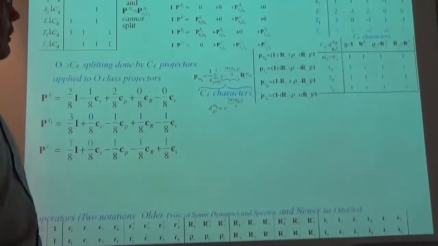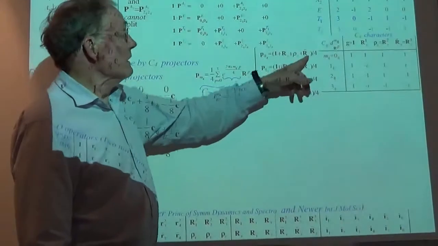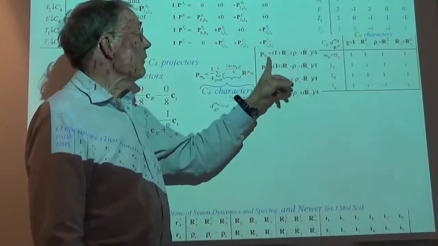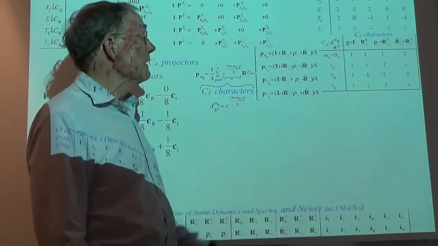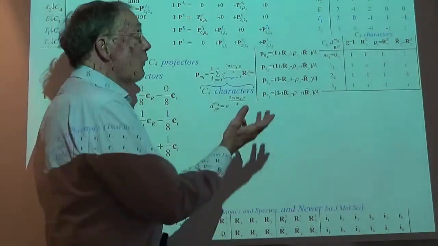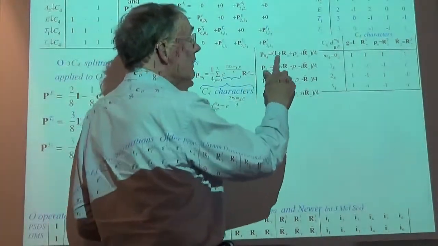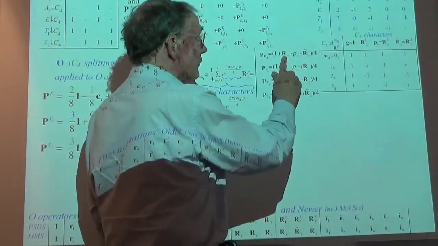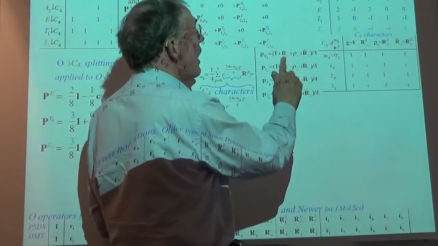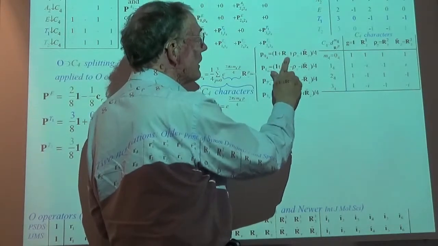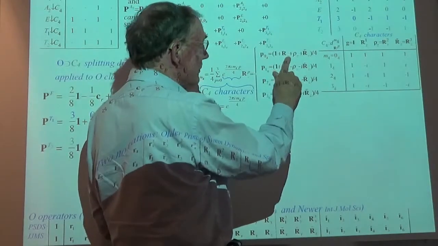Okay, so here's the character table for C4. That means that those are the projectors right there. Now it's a little out of order. I got 1 plus, this is the rho Z, this is the R Z, a rotation around Z by 90 degrees.